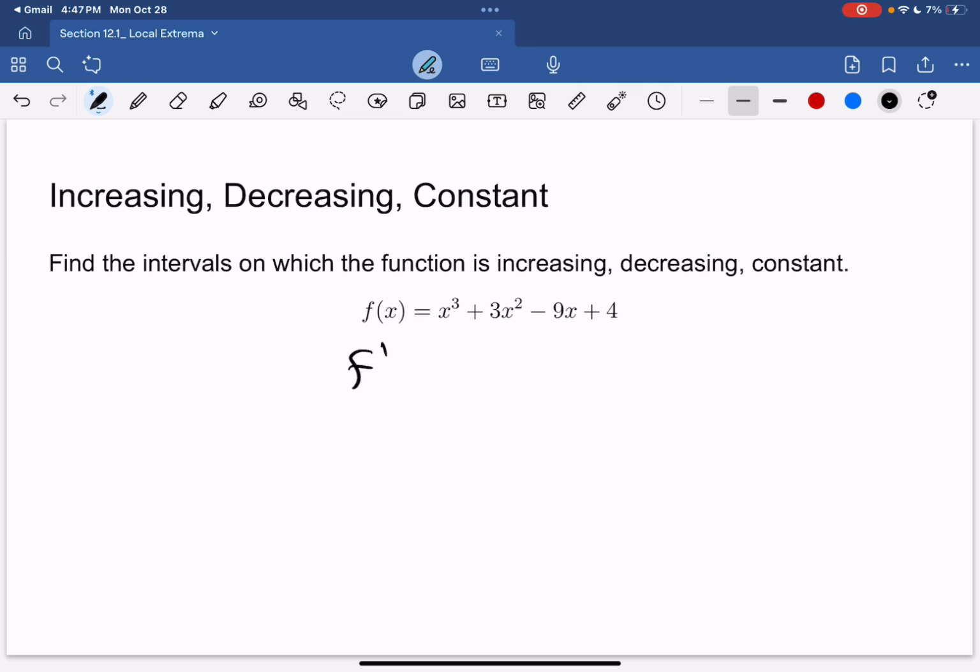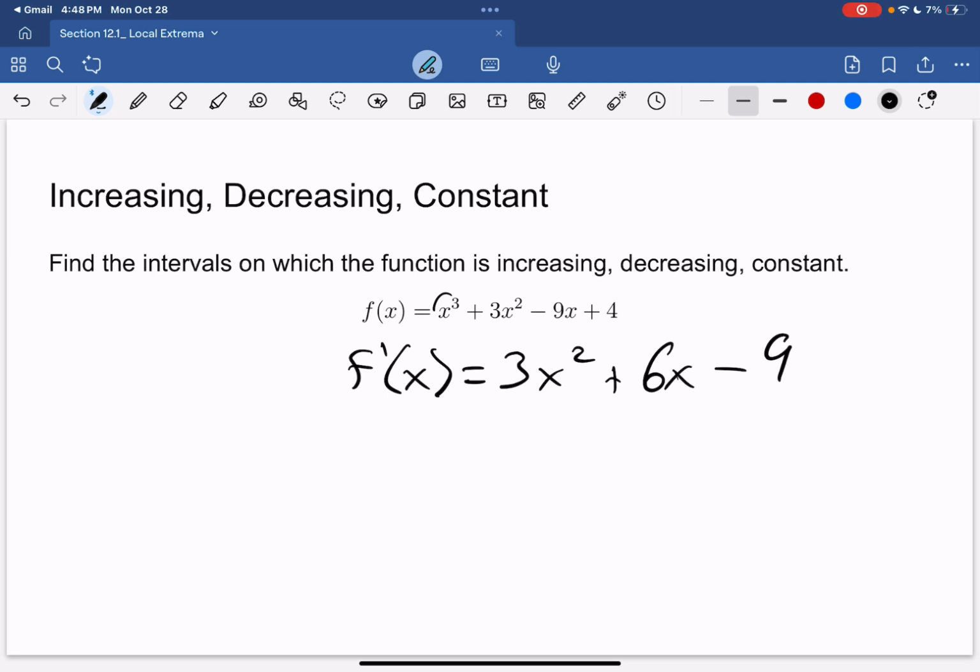The derivative of this function would be 3x squared: bring the 3 down and subtract 1 from the exponent. 2 times 3 is 6, 2 minus 1 is 1. And the derivative of negative 9x is negative 9.